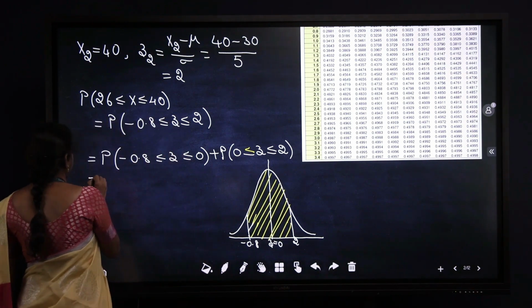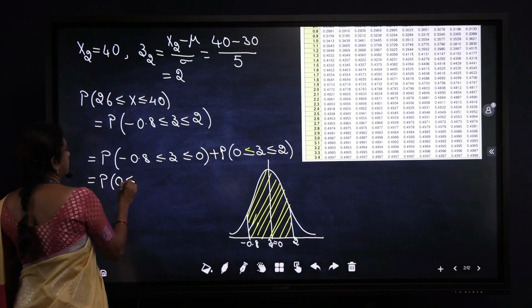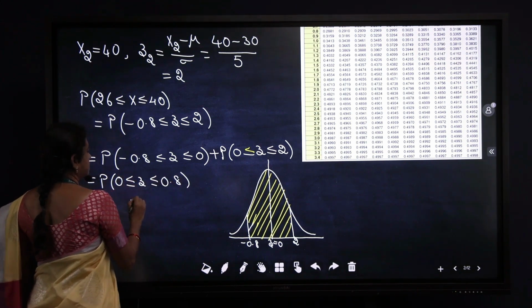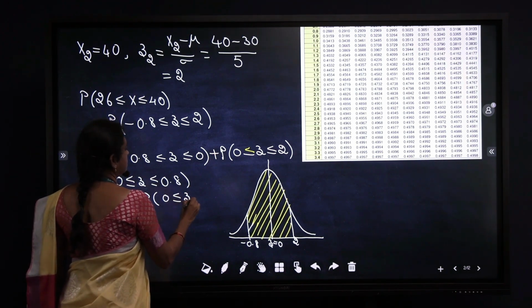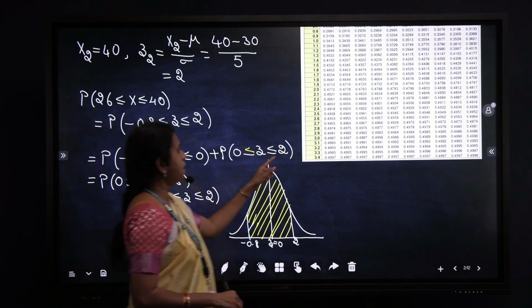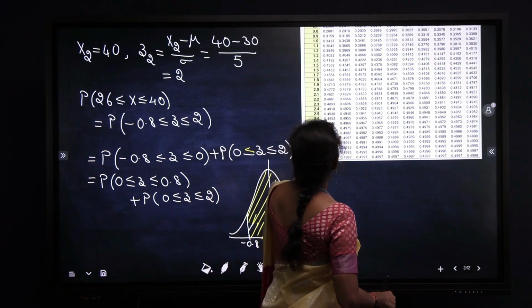Now we can write this, by symmetry, as probability of 0 less than or equal to z less than or equal to 0.8 plus probability from 0 less than or equal to z less than or equal to 2. Now from the table we'll find out the value for 0.8 and 2.